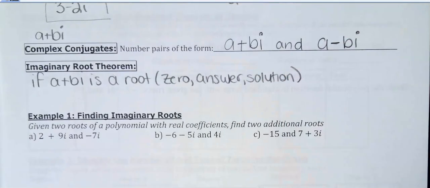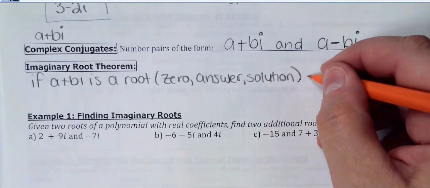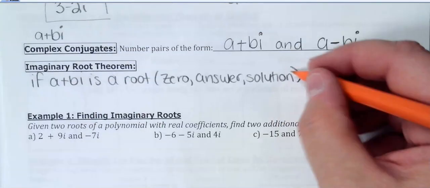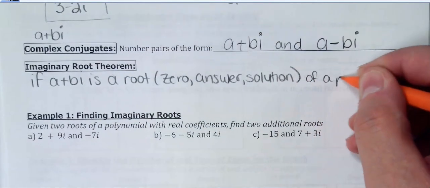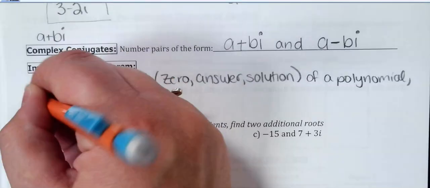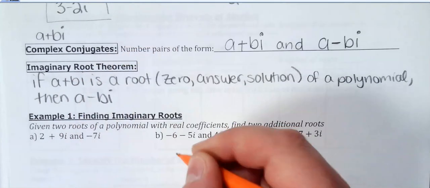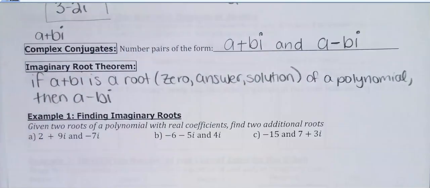If a plus bi is going to be an answer to your polynomial, or I'll say it like this, is a root of a polynomial, then automatically a minus bi, which is its conjugate, is also going to be a root.